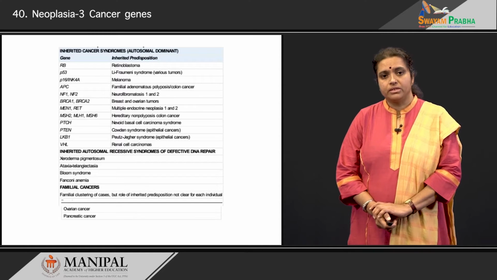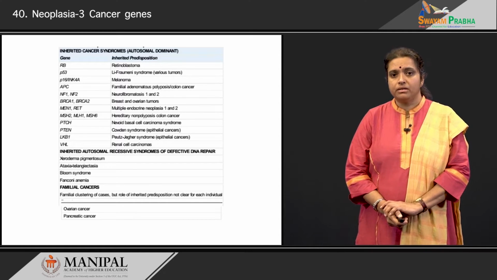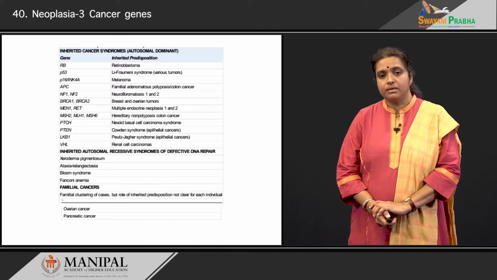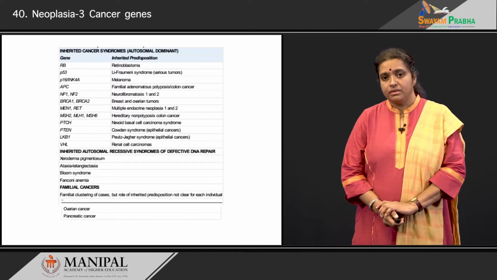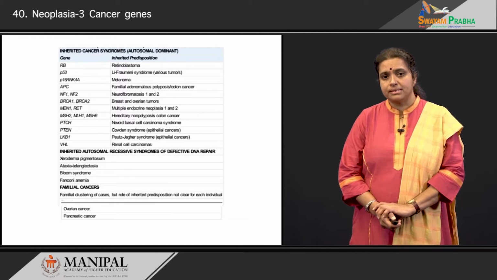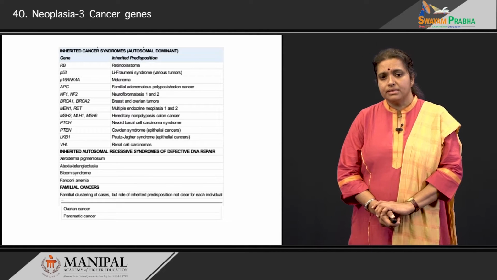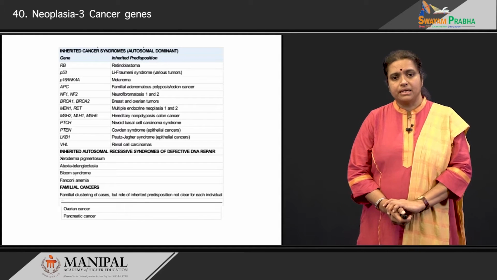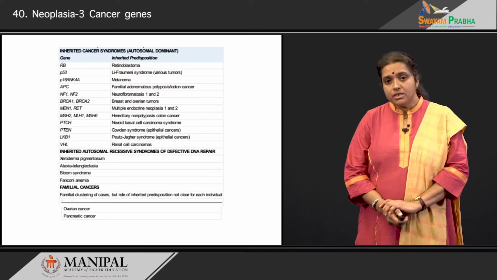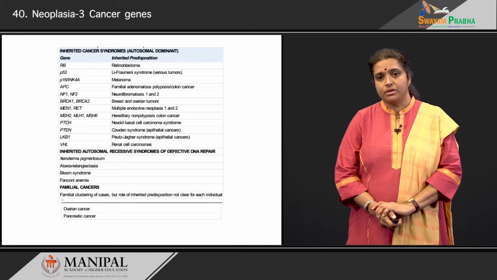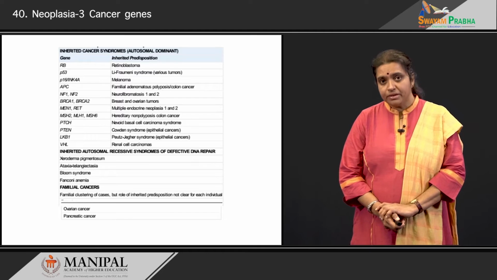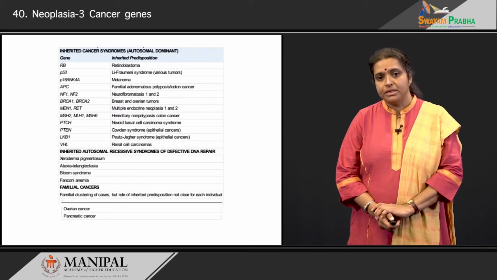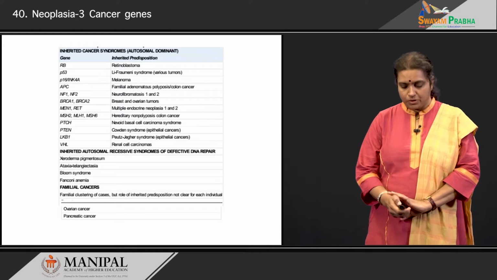The RB gene causes retinoblastomas, the APC gene is implicated in familial adenomatous polyposis, and BRCA1 and BRCA2 are implicated in the very common breast and ovarian cancers, and we have many others. Let me not go into each of these in detail. We have VHL in renal cell carcinoma, and we have certain genes that are responsible for DNA repair. If defective, it can lead to various cancers, and these syndromes are xeroderma pigmentosum, Bloom syndrome, and so on.